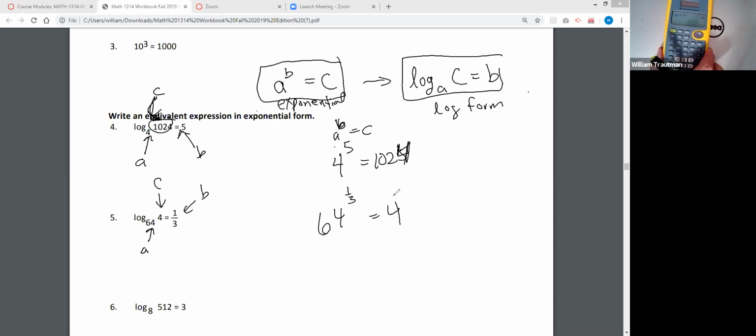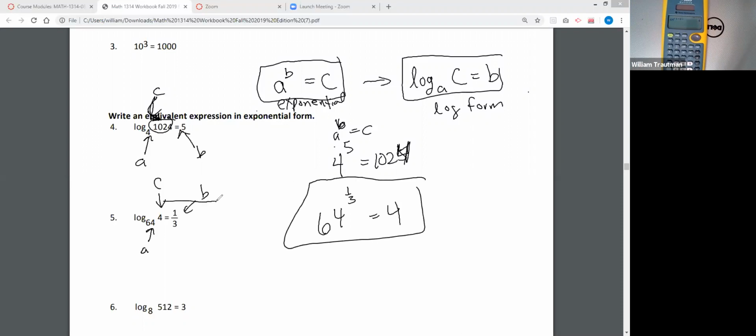And you can see it equals 4. It's not that we're doing any calculation here. All we're doing is changing one form to the next. I just wanted to show you on your calculator that they do equal each other. They're the same, just different forms.